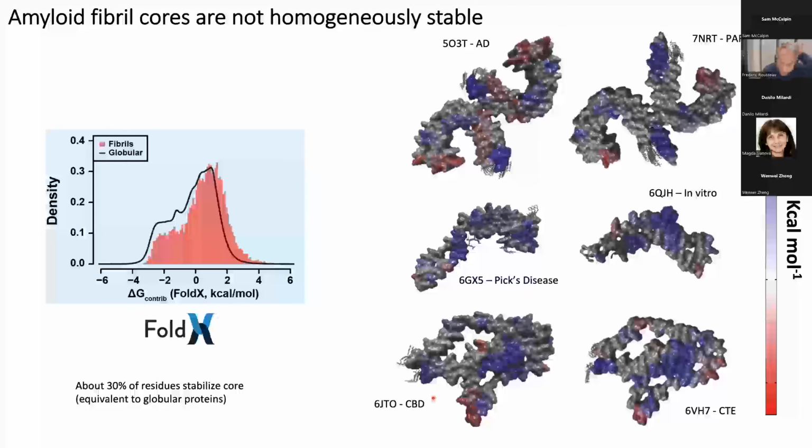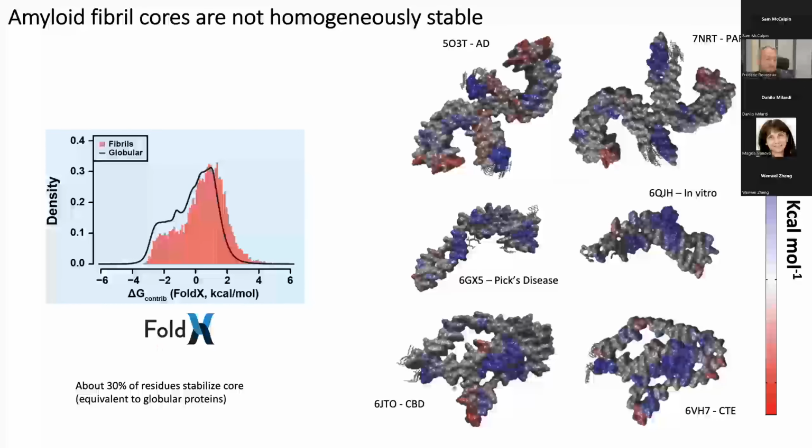I will come back to that later, but looking a bit more now at all these nice amyloid structures we have, here you see a number of polymorphs of tau solved by the Scheres and Goddard labs. What we did is we took Foldex, an empirical force field in which we participated in the development many years ago with the lab of Luis Serrano.